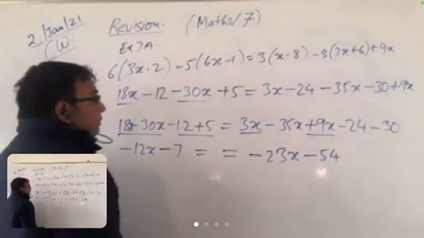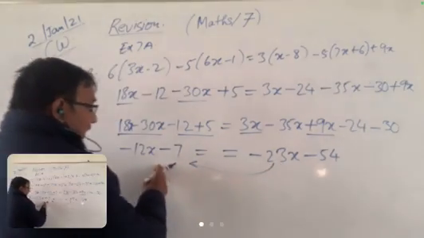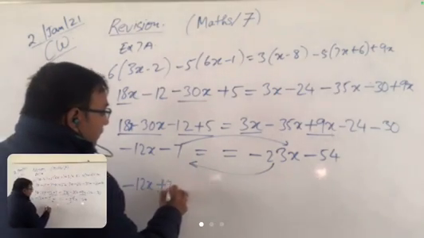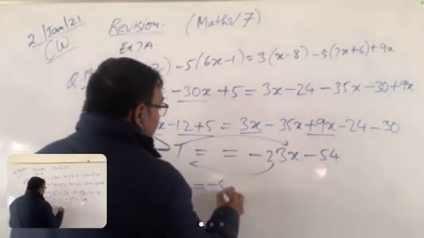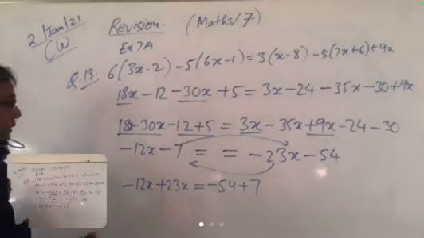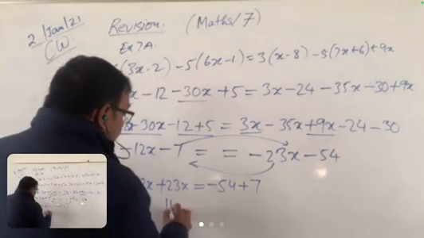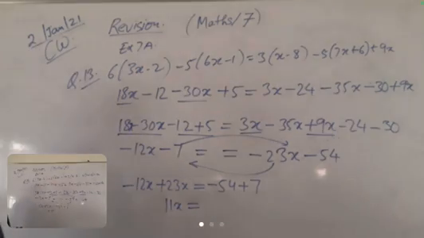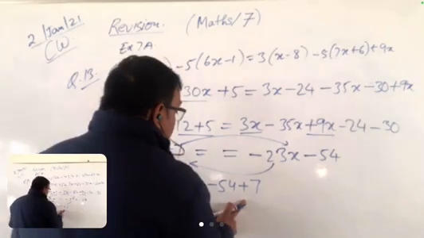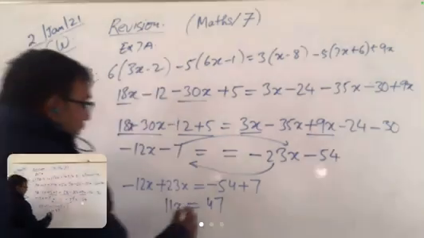Now move the 23x to the LHS side and minus 7 to the RHS side. Minus 12x plus 23x is equal to minus 54 plus 7. So this is 11x is equal to minus 47.